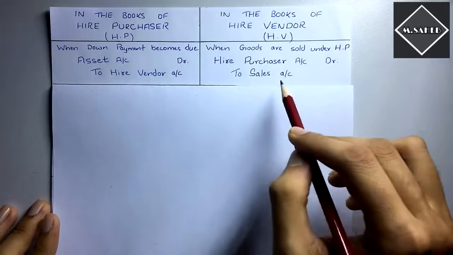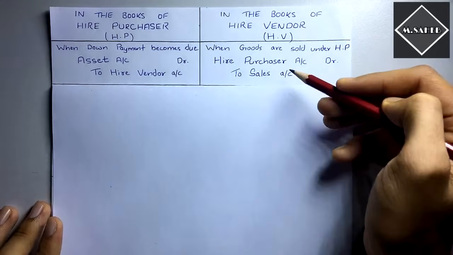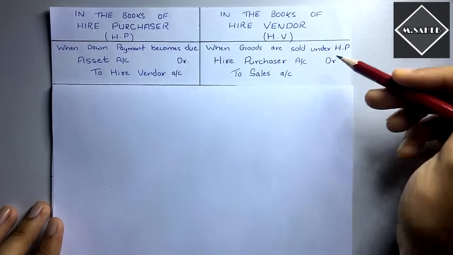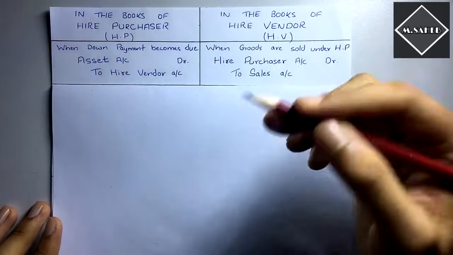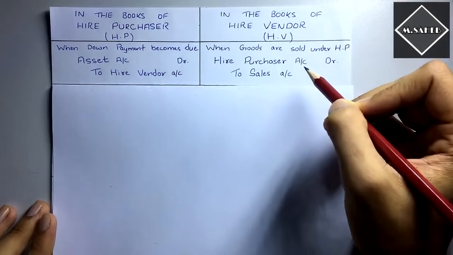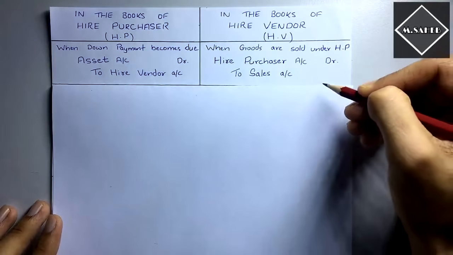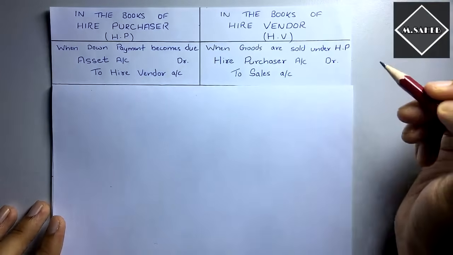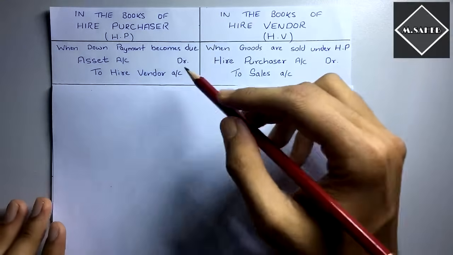Sales is revenue, and when revenue increases, we credit that. Hire purchaser account is debited because he sold to the hire purchaser. It is his debtor, and debtor is an asset, so when an asset increases, we debit that.